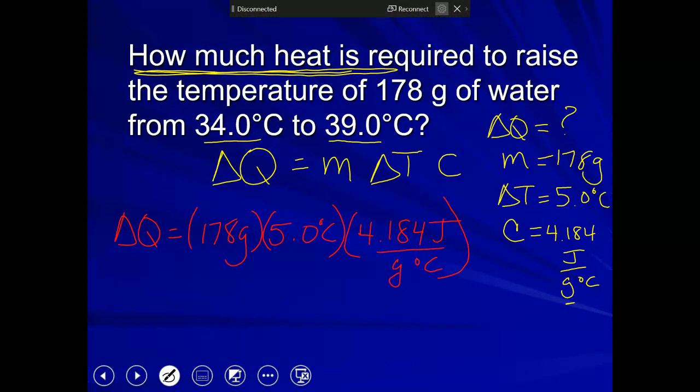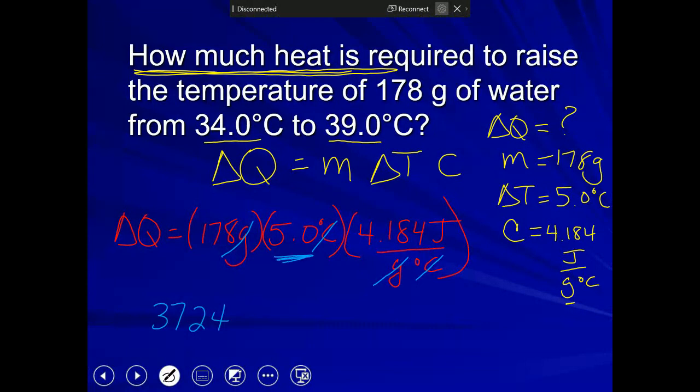And then I need to get rid of the units. The grams will divide out, the Celsius divides out. And when I multiply here, I am initially going to get 37.24. I get some other decimal places, but because of the 5.0, I need to round this to 2 sig figs. So I'm going to make it 30.